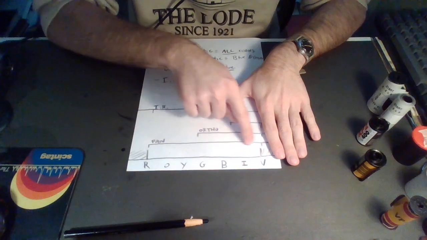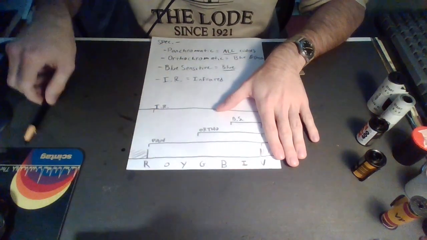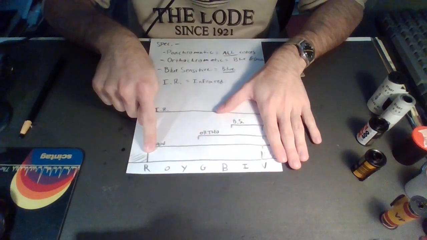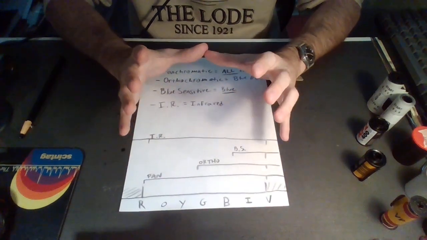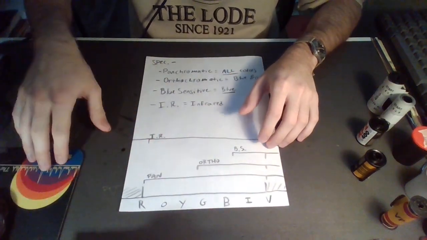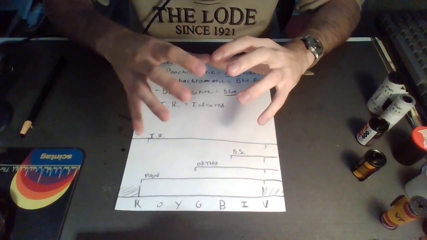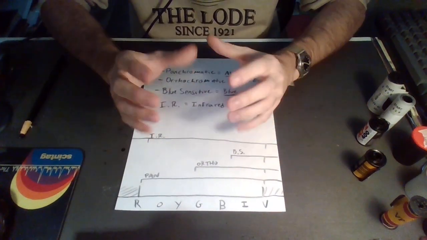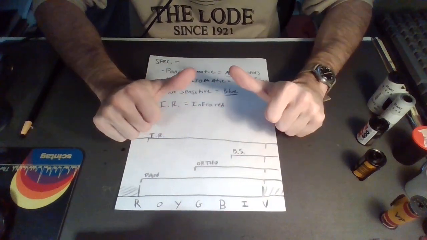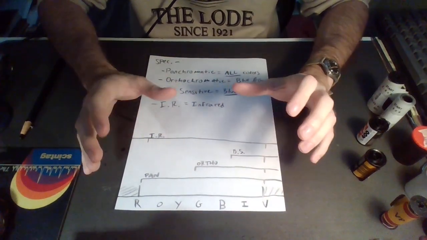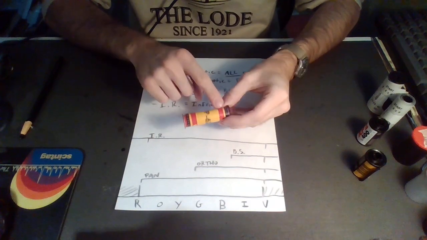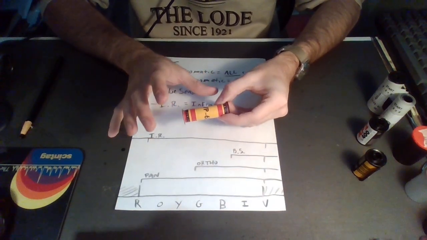Panchromatic film, you'll see, is sensitive to all these colors. Meaning, if I point the camera at a rainbow like this, all these individual colors will be represented in their true gray values. That's good. That means you're going to get nice even tonality, and things like this red here will show up as a middle gray.